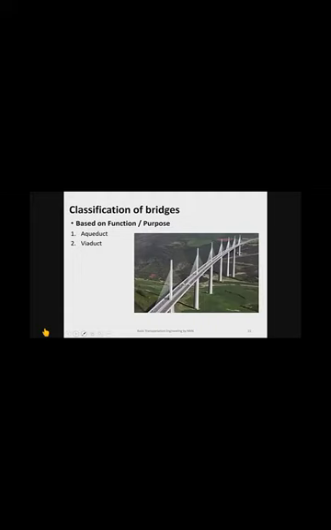Viaduct is for the movement of vehicles or pedestrians, for rails or roads. You can also call this a suspension bridge, but based on the function of this bridge, it is called a viaduct.